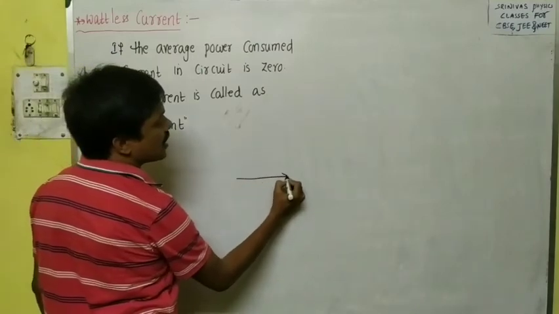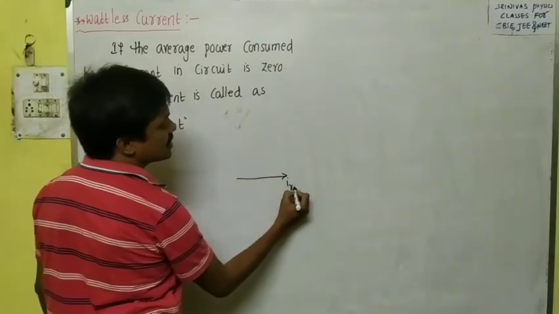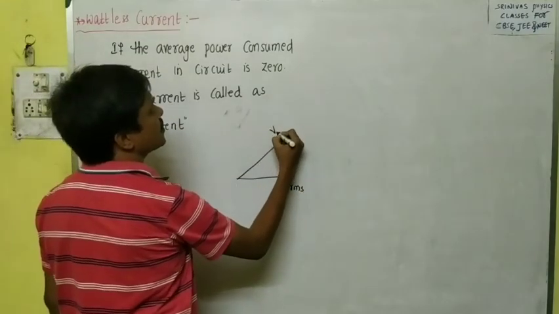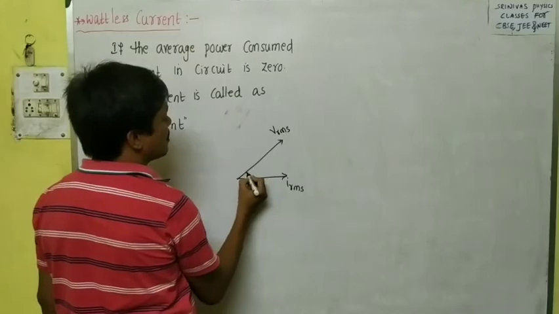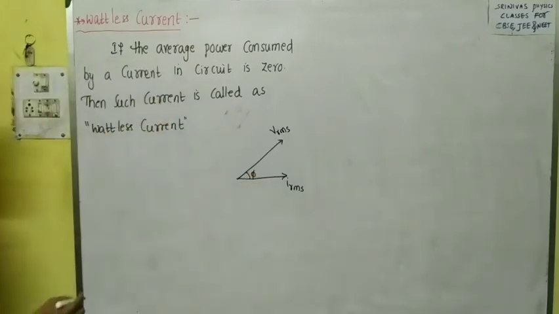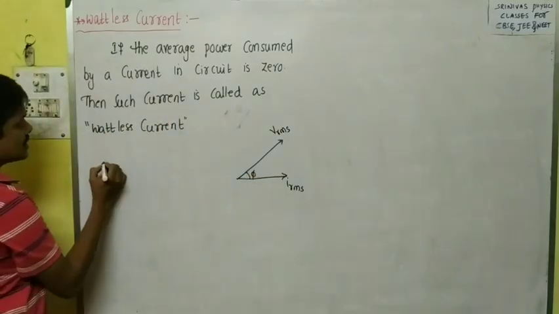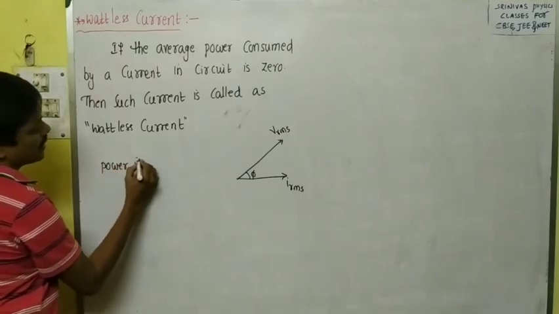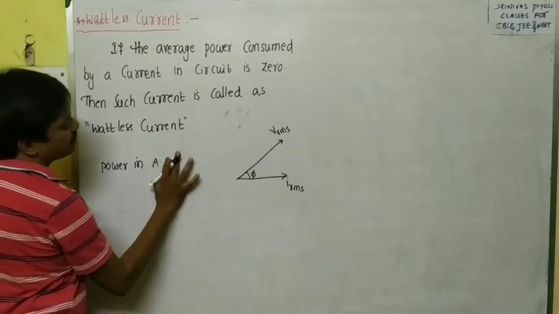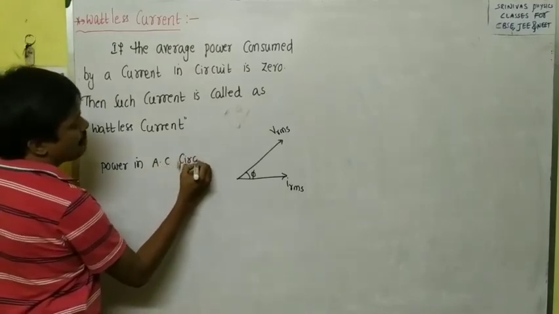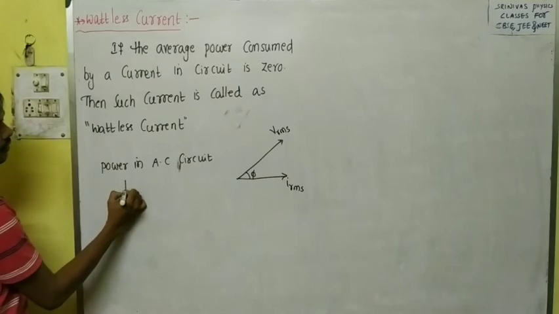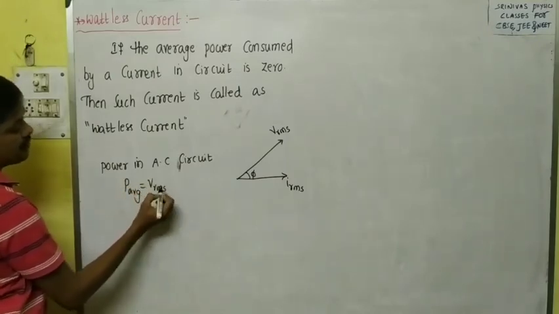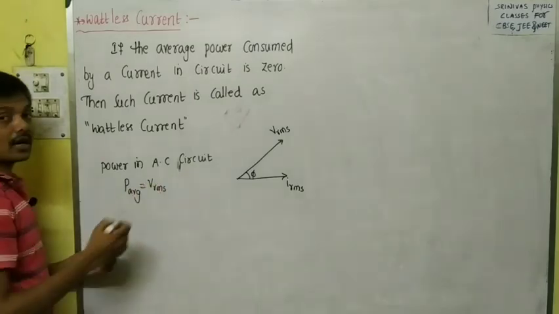This is the RMS current and this is the RMS voltage, and the angle between them is phi. The power in AC circuit we can define like this: the product of RMS voltage and IRMS cos phi, that is VRMS into IRMS cos phi.